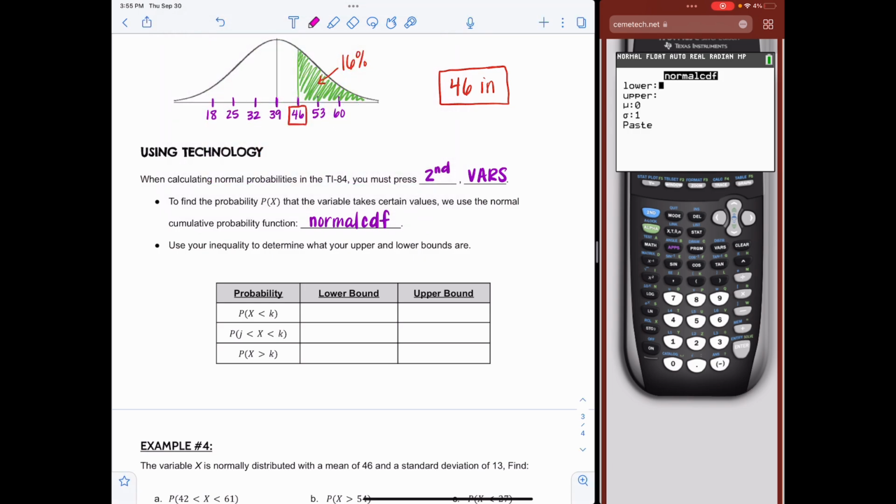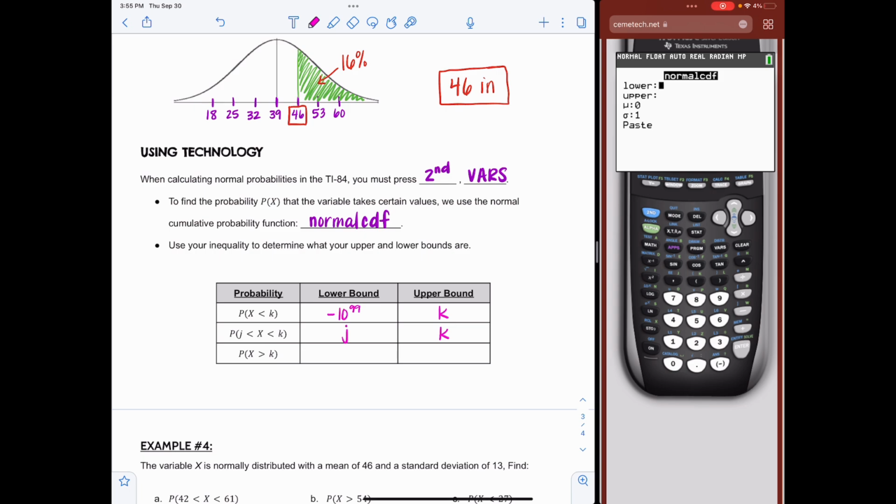If you're trying to find a probability that X is less than a number, that means I can have the upper bound as that number, which we're going to say is K here. And then our lower bound is going to be negative infinity, which we represent as negative 10 to the power of 99. If you are trying to find a probability that X is in between two specific numbers, then the lower number is going to be your lower bound, and the higher number is going to be your upper bound.